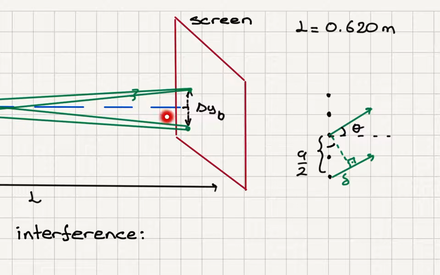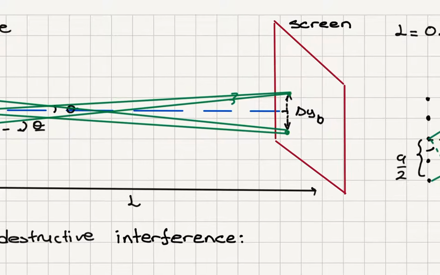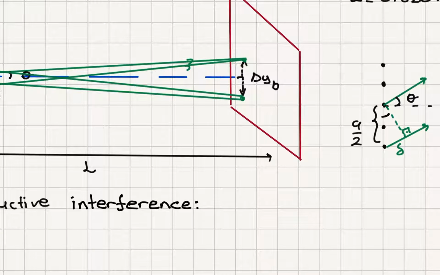This approximation will hold if the screen is really far away compared to the slit width, which is the case in this situation.